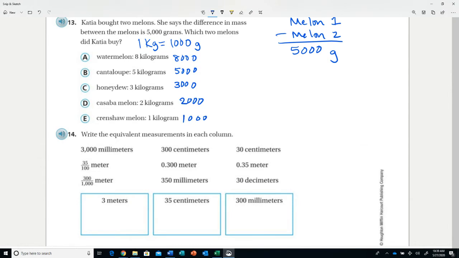Now I'm looking for 2 melons whose weights, when I subtract them, equal 5,000. You should be able to pick those 2 out. It is not too difficult. I am not giving you the answer in this one. Get to work. Some melon minus another melon equals 5,000. That's all you've got to do.